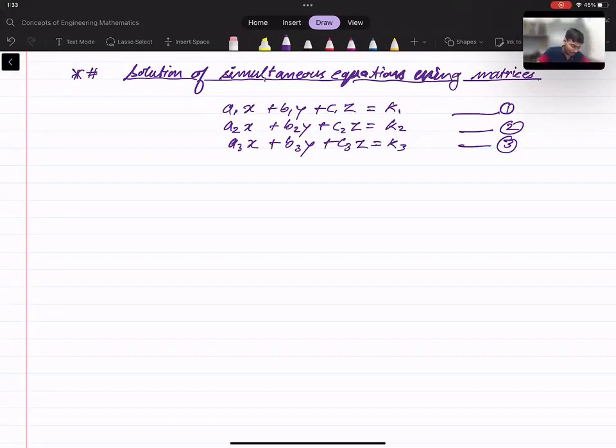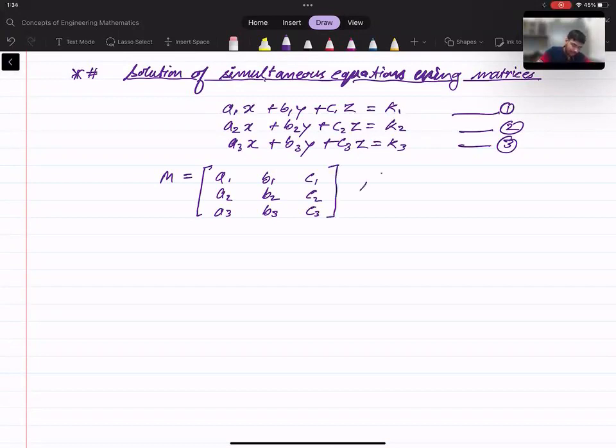Here we can form three different matrices. First is the matrix formed by coefficients. So this will be a1, a2, a3; this is b1, b2, b3; and say c1, c2, and c3. So this is the matrix formed by coefficients.